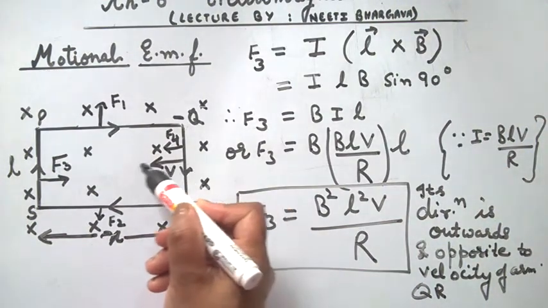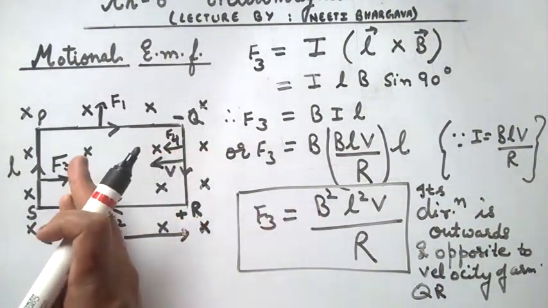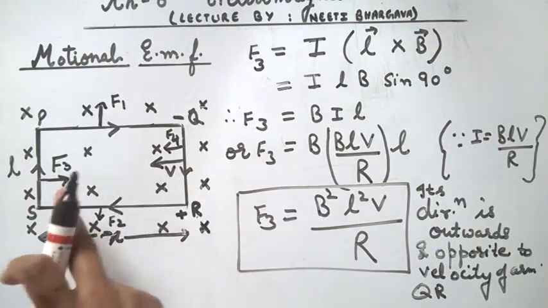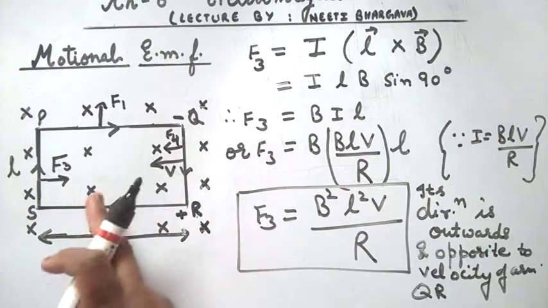Here it is going into the magnetic field, it is coming out of the magnetic field. So it is directed outwards, it is going inwards.